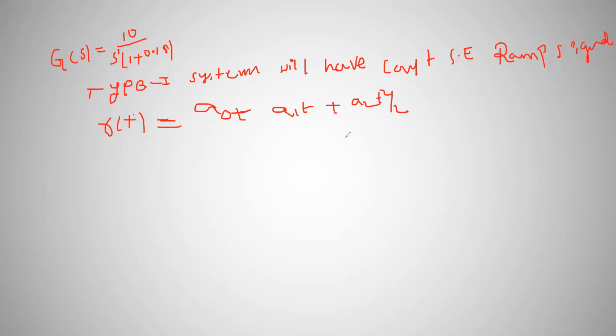So this t domain is converted to s domain, apply the Laplace transform. A naught is constant, 1 is 1 by s, plus A1 is constant, t is 1 by s square, plus A2 by 2 is constant, 1 by s power 3.